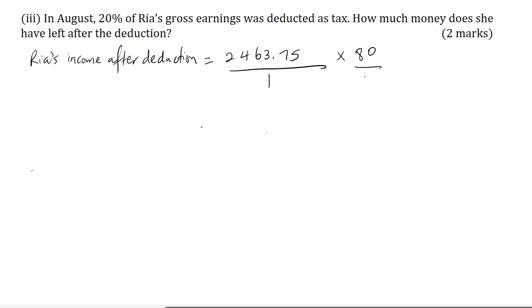So let's find 80% of it. When I multiply this out on my calculator, I'm getting $1,971.